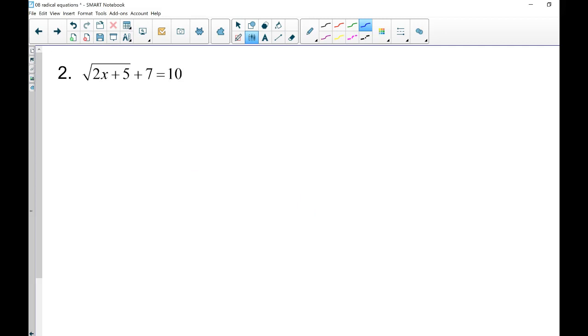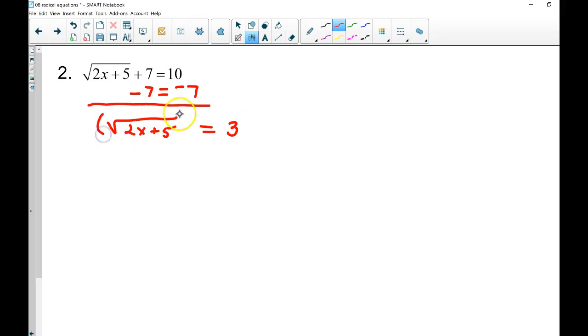In problem number 2, notice that the radical is not isolated, so the very first step is to isolate it by subtracting 7 from both sides. This is a square root, so we're going to reverse the operation by squaring both sides. We get 2x plus 5 is equal to 9. It's a linear equation, so we're going to subtract 5 from both sides.